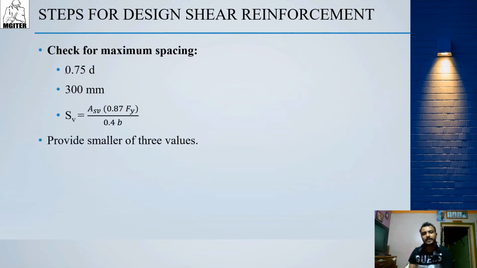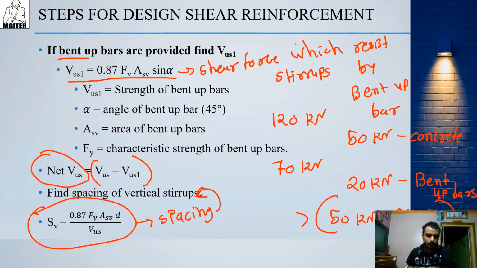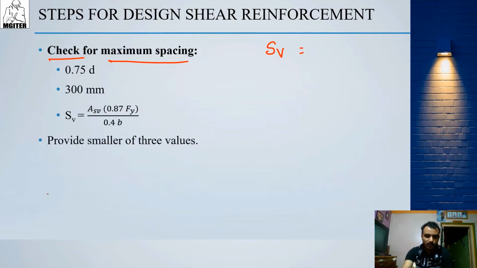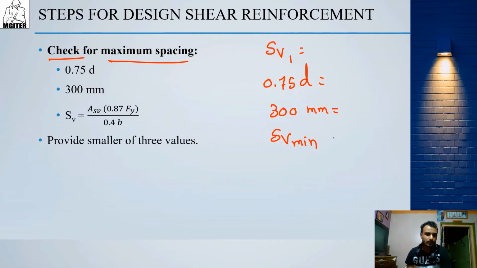After completing the design, we have to follow some checks for maximum spacing. The maximum spacing which we can provide: the first value is SV1, the second value is 0.75D, the third value is 300 mm, and the last one is SV minimum.